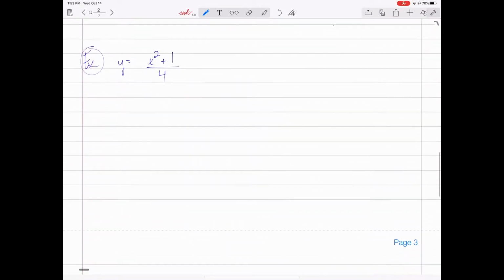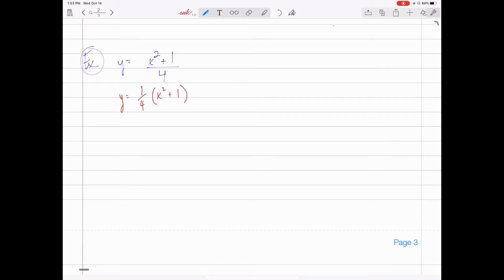Okay, so this one again is in a little bit different form because we have this fraction. But since that's just a fraction, 1/4 is a constant. So y can be rewritten like this: 1/4 times x squared plus 1. Okay, so we can take the derivative of those parts inside.